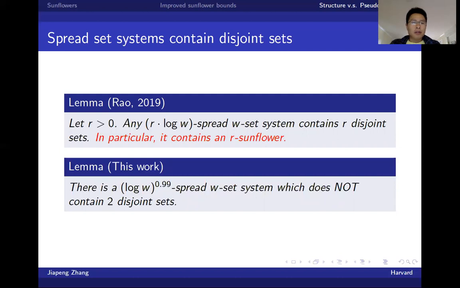We can prove that there exists a (log w)^0.99-spread set system which does not contain even two disjoint sets, which means log w spread is necessary if we want to get r disjoint sets. So this is tight in this sense.